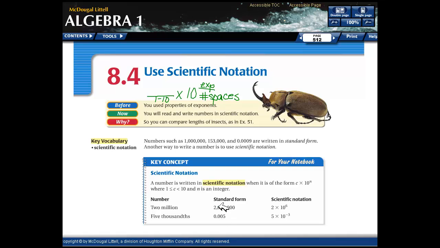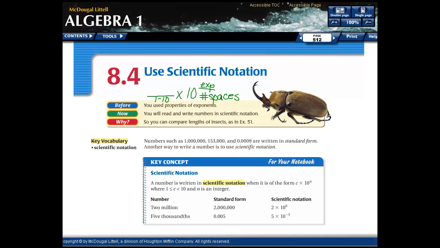So whenever we deal with scientific notation, it has to be a number between 1 and 10. Can be 1, cannot be 10. So it has to be somewhere in that mix, times 10, because it is a power of 10 to an exponent, and again, that exponent tells you how many spaces things moved.